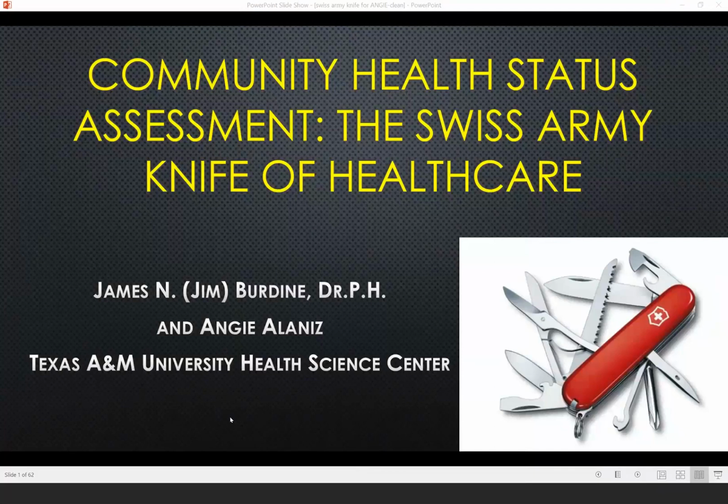There's a core gold standard model that we'll talk through, but basically the assessment needs to reflect the situation of the community that you're working with as a function of resources and other characteristics we're going to talk about. So let me start off with a couple of examples that I use when I'm talking with community groups when we talk about community assessment to discuss some of these ideas.